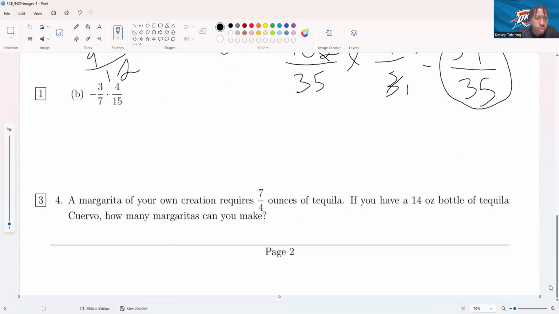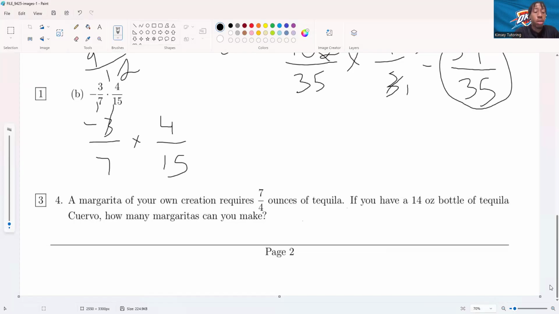All right, it's pretty simple, right? Negative 3 over 7 times 4 over 15. We just multiply them, the top and the bottom together. But actually, what we can do, negative 3 over 7 times 4 over 15, right? 3 and 15 go into each other. 3 goes into 15 5 times.